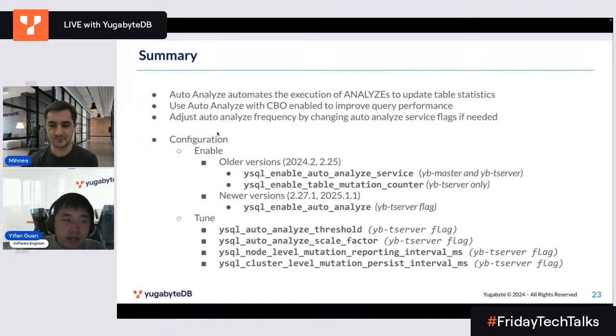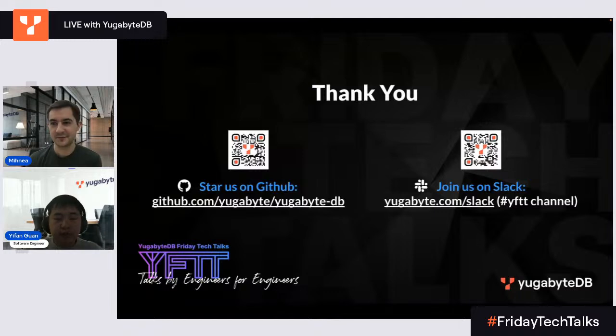And we have these configuration G flags available for you to either enable or disable the auto-analyze service, or tune its behavior. So cool, that would be all for my presentation.